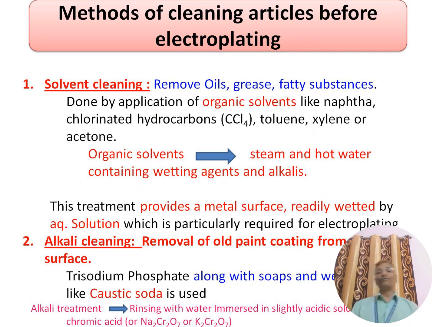Now coming to the most important section, that is methods of cleaning objects before electroplating. That is very important. Just imagine a simple example. Suppose you want to paint over a grill door. In your home, how will you proceed normally? We cannot paint the window directly.